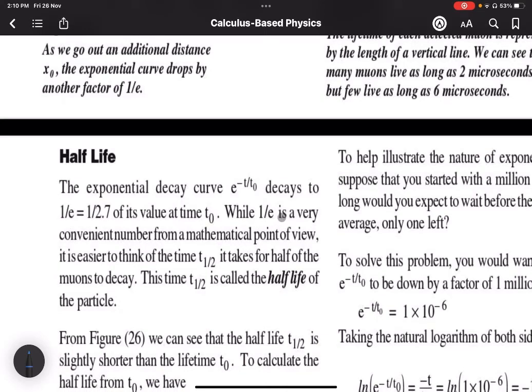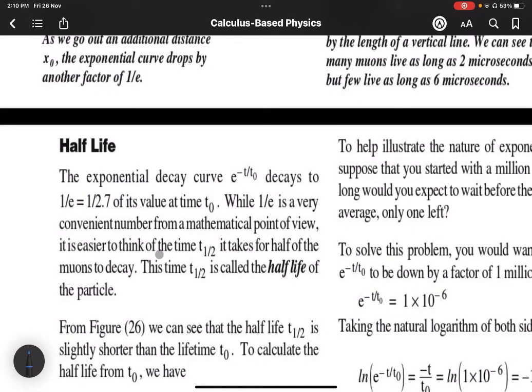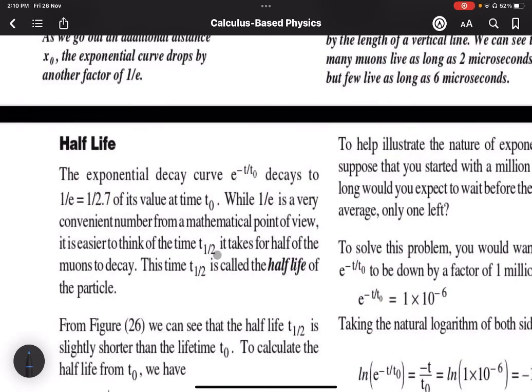While 1 over E is a very convenient number from a mathematical point of view, it is easier to think of the time t1 half it takes for half of the muons to decay. So this time, t1 half, is called the half-life of the particle. Kung kanina, kinuha natin yung kanyang lifetime, ngayon naman, hahanapin natin yung kanyang half-life, kalahati ng lifetime.